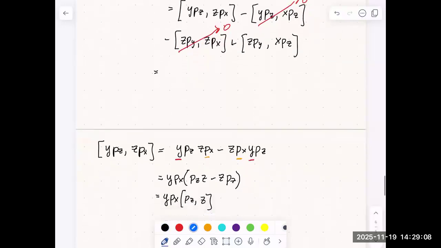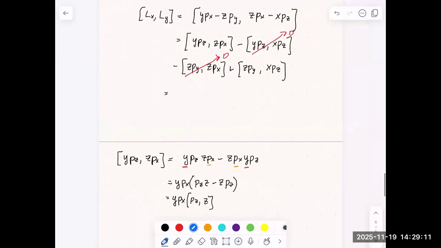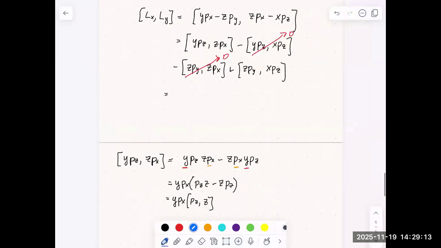So this first one here is going to be reduced to, there's a bit of a lag here. This is going to be y px pz z. And if you do the same kind of analysis for this one, you could write the second one that we have surviving here as x py z pz.